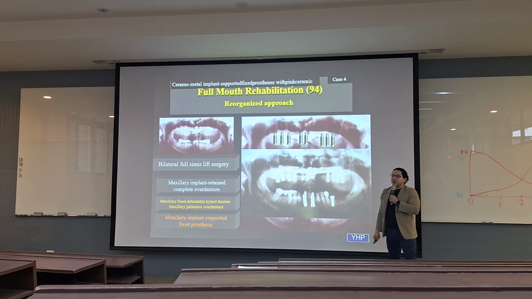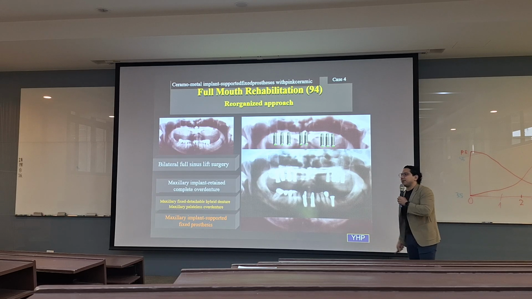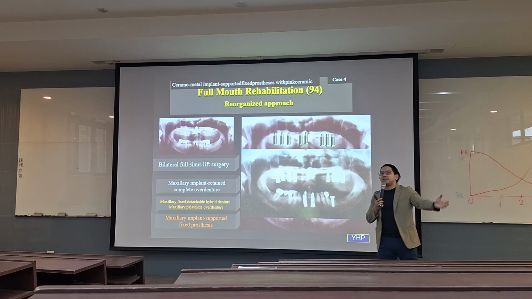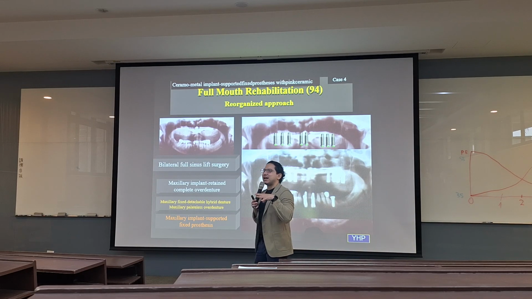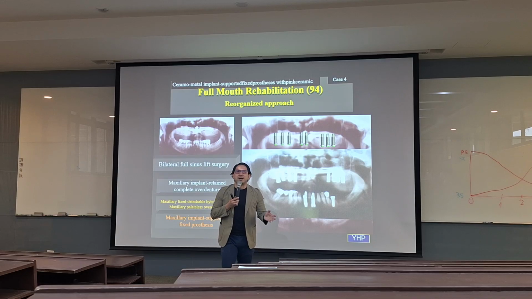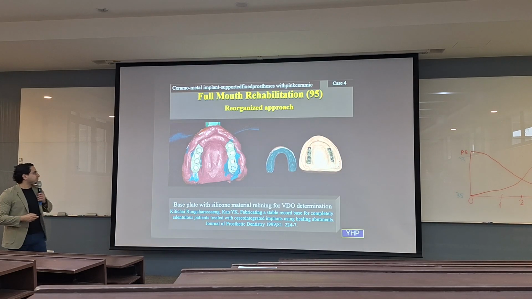And in the mandible, 4 dental implants to have really good stability. If you put 2 dental implants, that means that you're just doing a complete denture that is attached to those dental implants, so it has better stability than by itself.